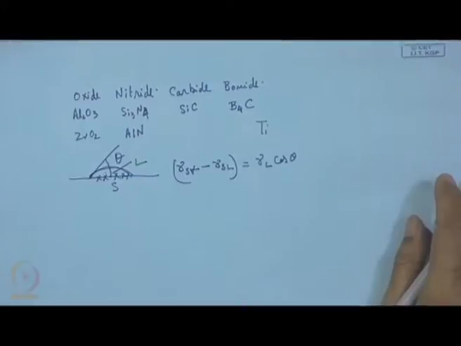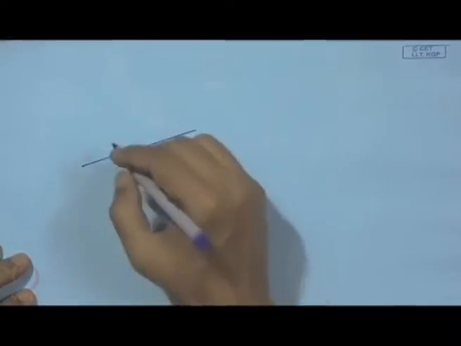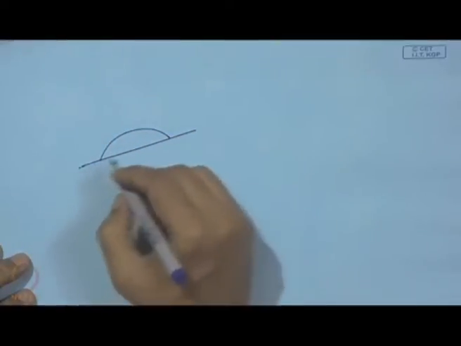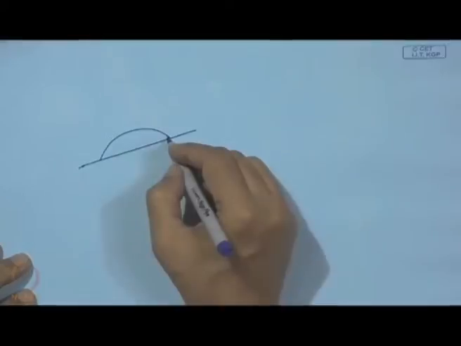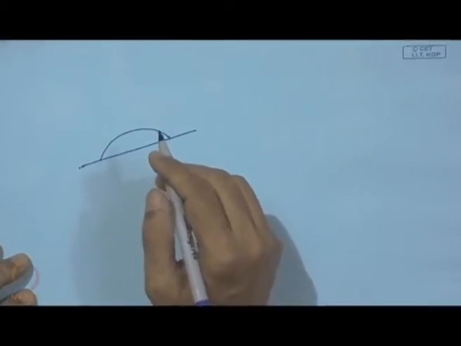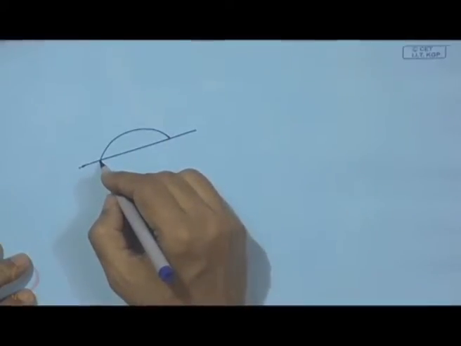But when we go to reactive wetting, in this case what we can see is that the liquid surface is resting over this solid, but then this wetting is promoted at least by a chemical reaction in this zone.